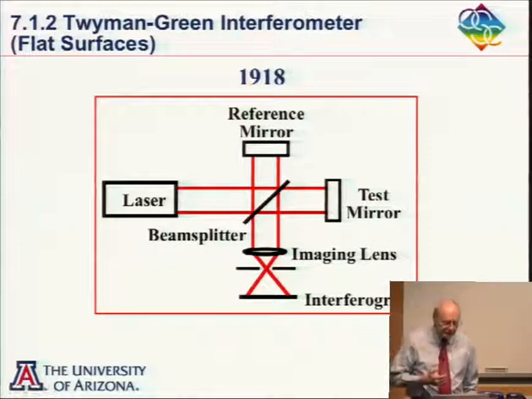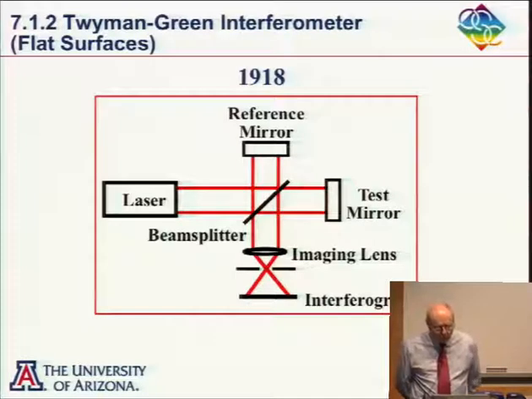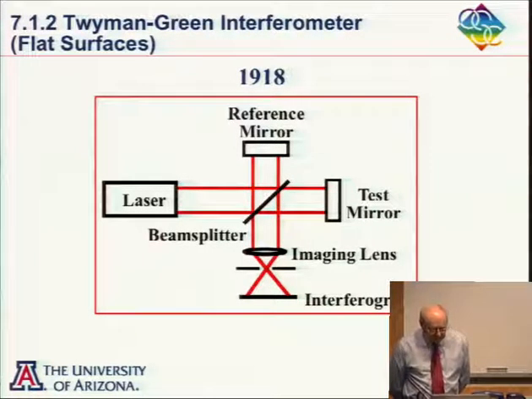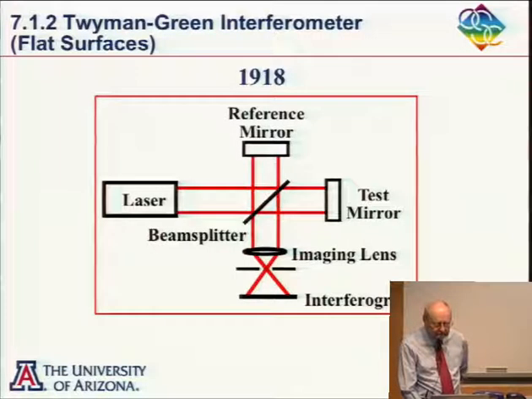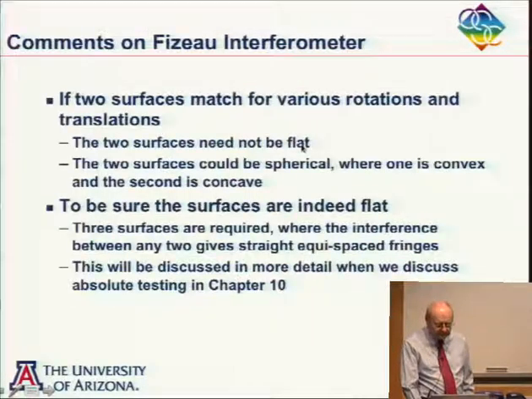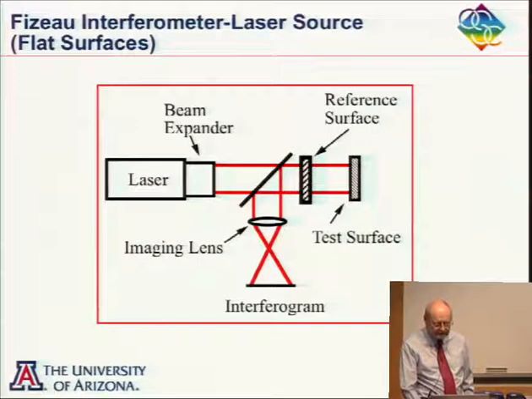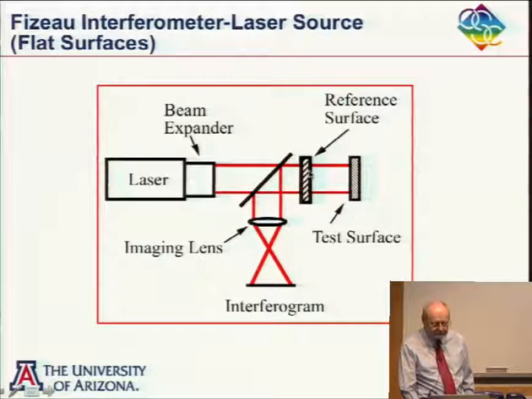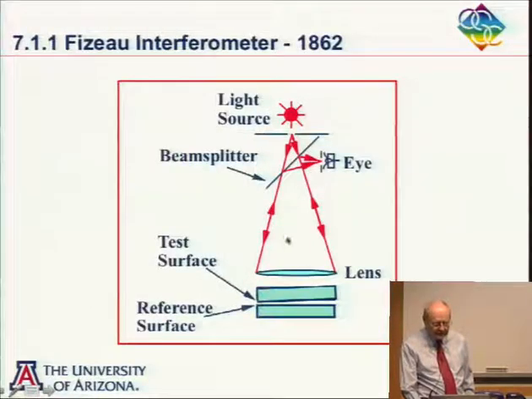Okay, so let's say I have either a Twyman Green or I have a Fizeau, and my boss comes along and he says he wants me to test a 1 meter diameter flat mirror. So if I were to do that with this setup here, boy, I'd have to have a big beam splitter here and a big reference mirror. And if I go back here, we often call this a transmission flat.